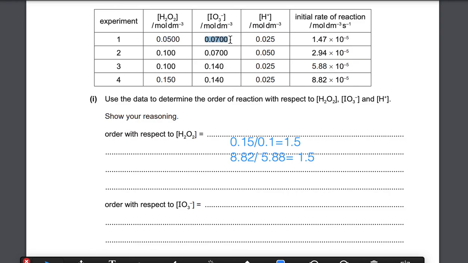The answer would be 2. So when we divide 0.14 by 0.07, the answer comes 2, which means it's increasing 2 times. How about when we divide 5.88 by 1.47? It's 4.